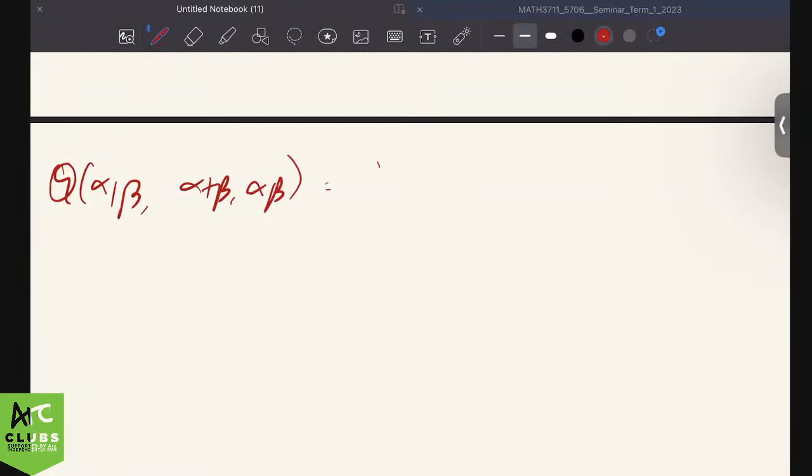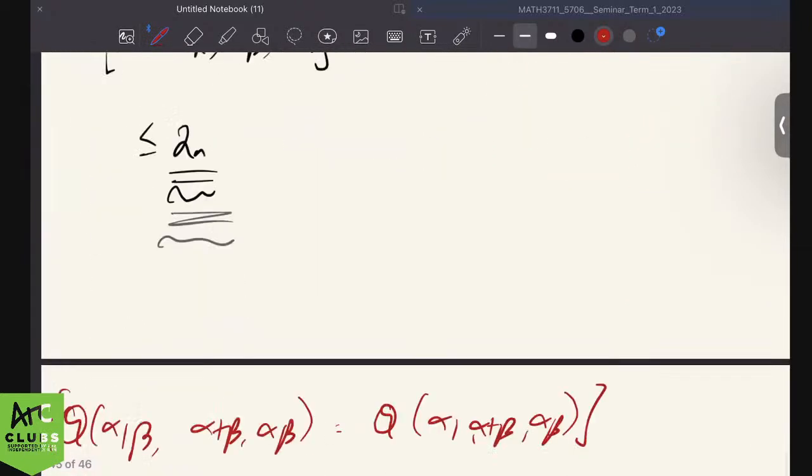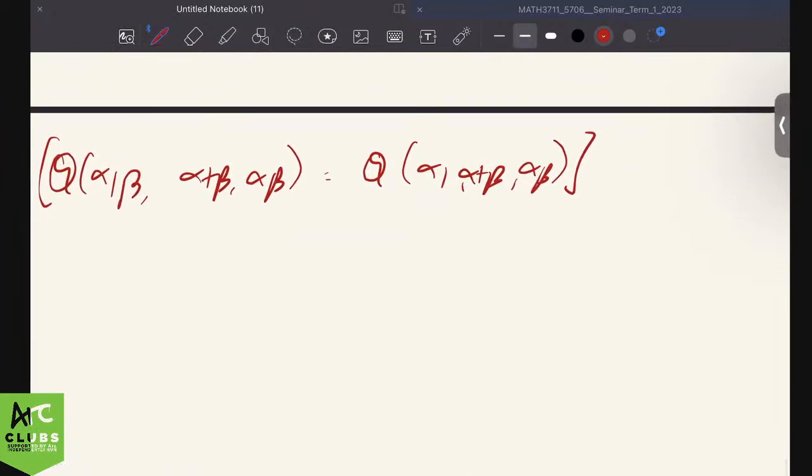And again, this extension, yeah, so if you add beta to it, it's the same kind of idea.